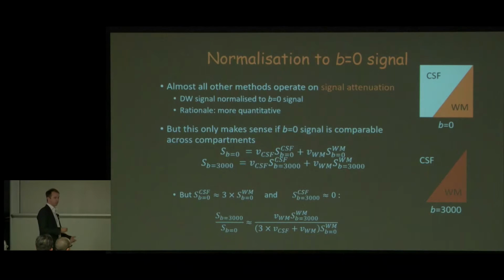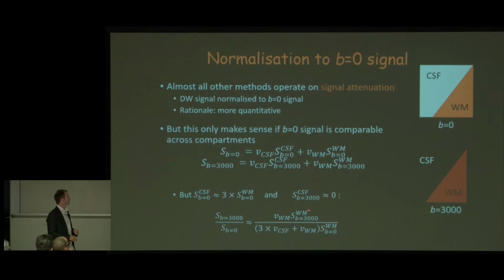So it's very bright because it's got a longer T2 and a slightly higher proton density anyway. The signal for the CSF at B3000 is essentially 0. It's gone. We've crushed it. So if you put it all together, then the signal at B3000 over the signal at B0 for this case, you do the math and you get this kind of equation here.